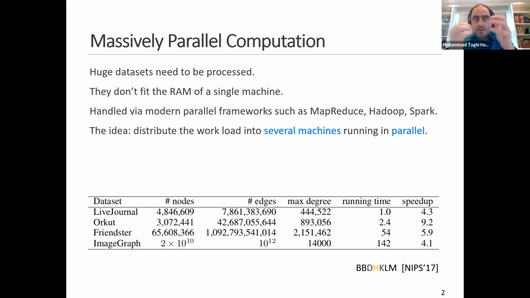All of them are based on this model that we call massively parallel computation. So when we talk about massively parallel computation, it actually includes all of these as well. The idea is that we distribute the workload, generally the dataset, onto several machines, and then in parallel we solve all these problems.